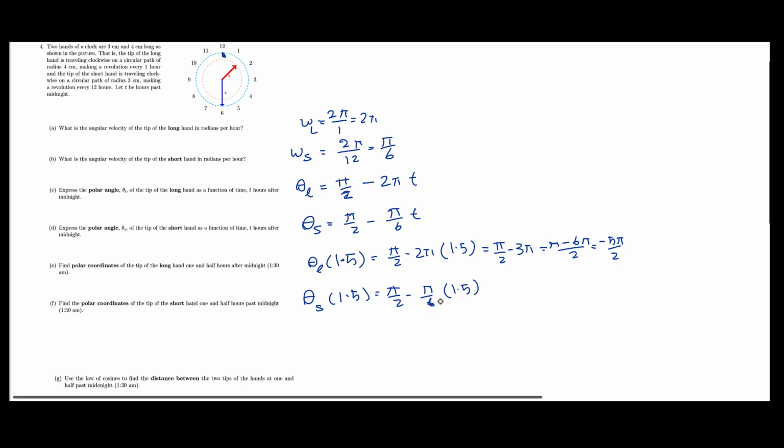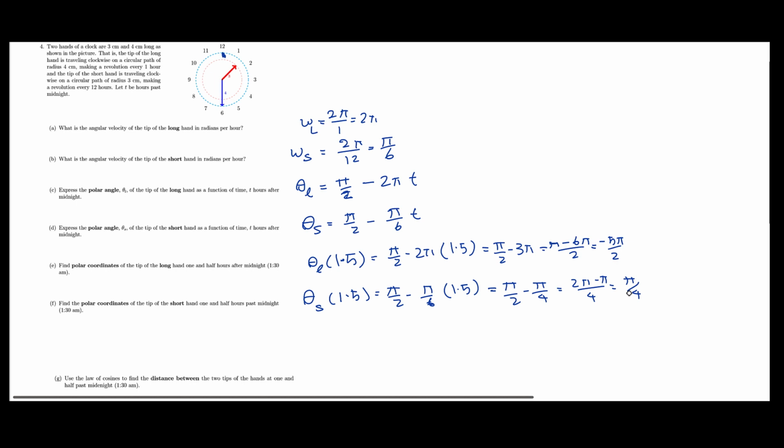You can divide this, and 1.5 goes into 6 four times. So it's pi half minus pi fourth, with a common denominator. And the answer is pi fourth.